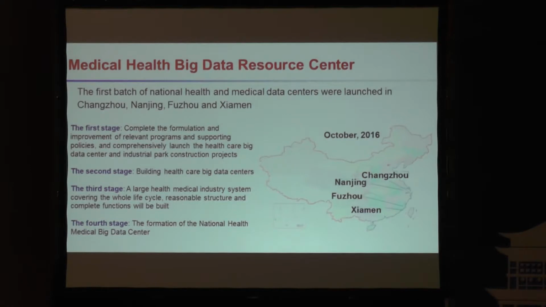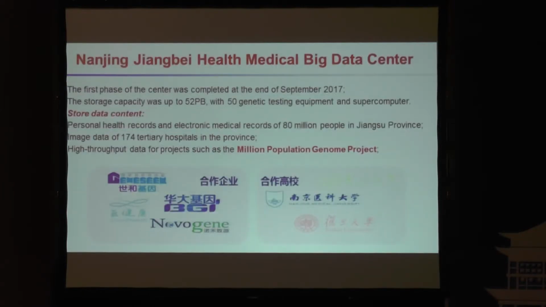The first batch of national health and medical research centers were launched in Changzhou, Nanjing, Fuzhou, and Xiamen. Take the Nanjing Jiangbei Health Medical Big Data Center as an example. The first phase of the center was completed at the end of September 2017.